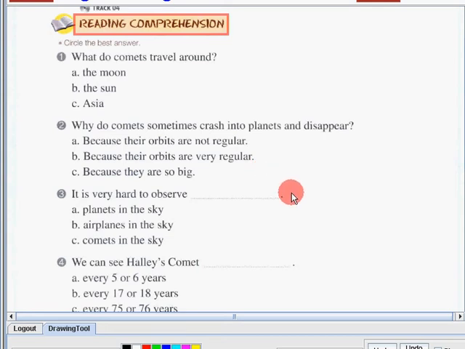Number 3. It is very hard to observe blank. Okay, so you're going to find out what is the missing phrase here. Is it A, planets in the sky, B, airplanes in the sky, or C, comets in the sky?